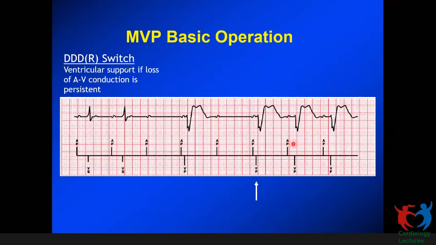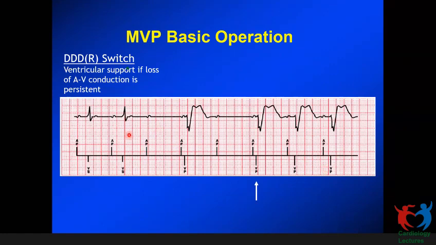Note here the AV interval is allowing a long AV conduction time. Here, it's a programmed AV interval because the device has already switched to a DDD mode. So it's A pace, V pace, A pace, V pace. But when it is pacing the ventricle, it's in an optimal AV interval that you have already programmed. That need not be a longer AV interval. So this is what is going on.